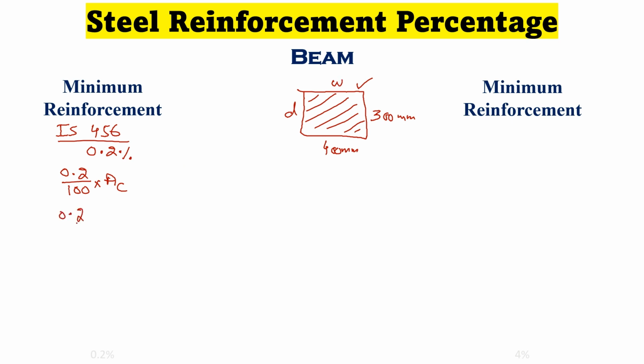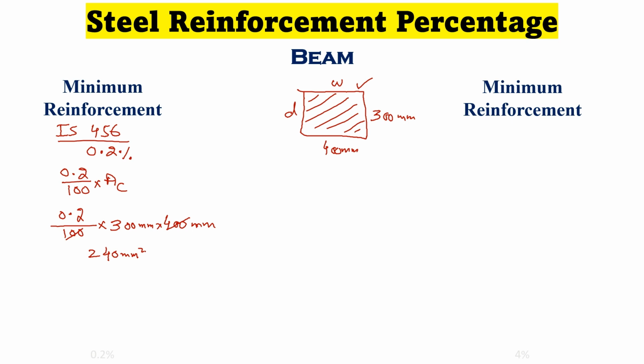So we can say that 0.2 by 100 times the cross-sectional area is 300 millimeters times 400 millimeters. When we multiply and divide these values by 100, it will give us 240 millimeter square.